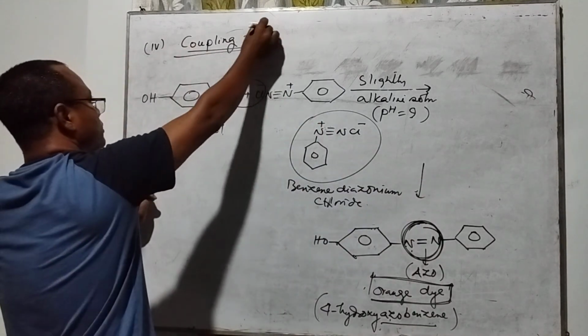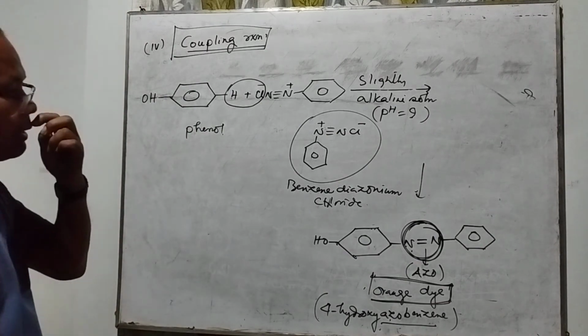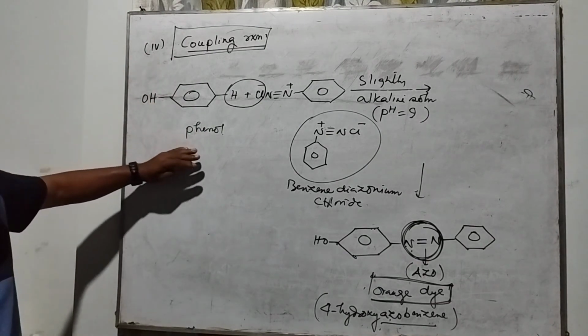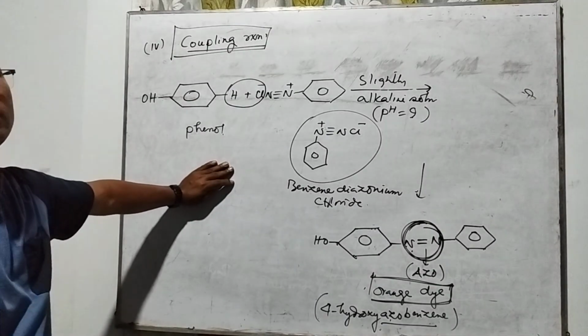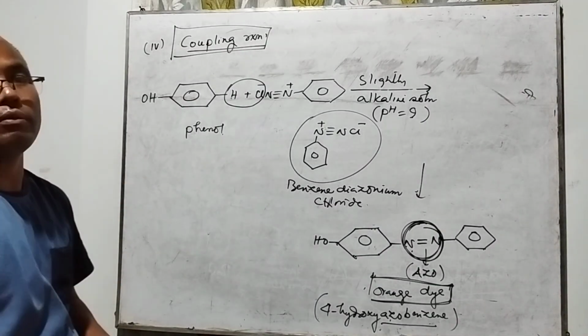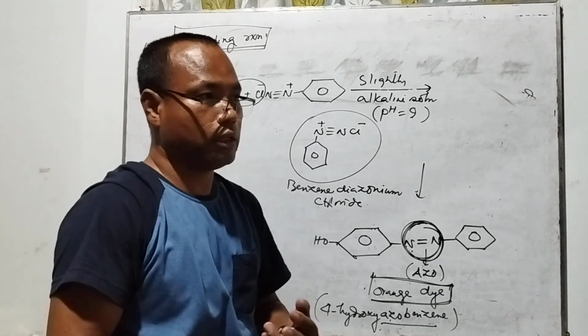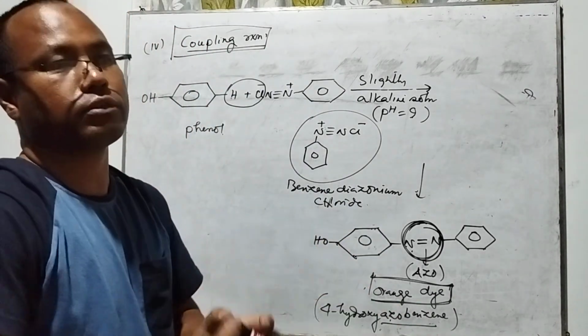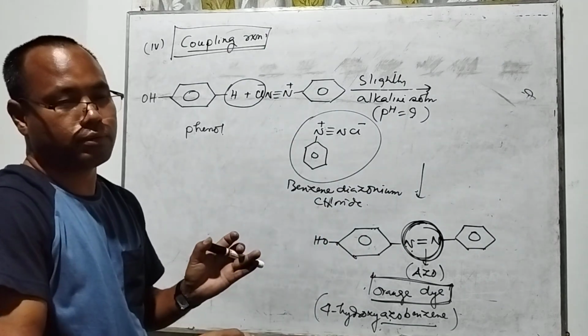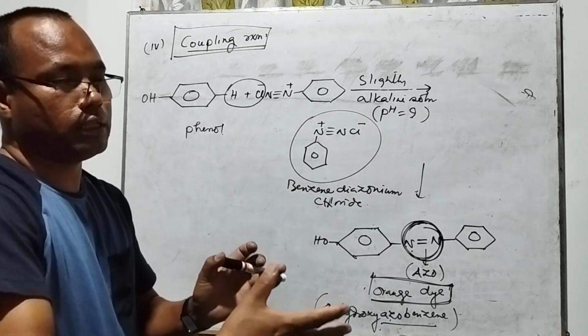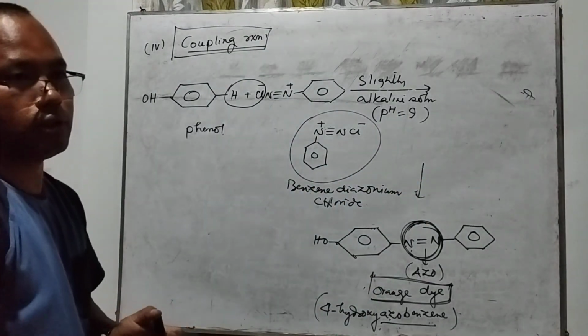What is the name of the reaction? That is the coupling reaction. These are the important reactions of the phenols, and these are name reactions. In organic chemistry, name reactions are very important. Sometimes they ask the name of the reaction, sometimes they give the chemical reaction and ask for its name, or ask how the reaction takes place.